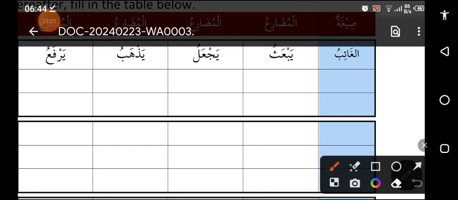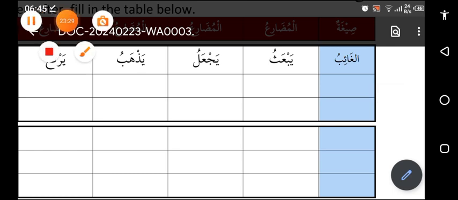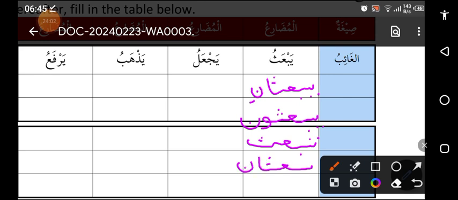So yab'athu, yab'athani, yab'athuna. Yab'athu, yab'athani, yab'athuna. Then we have tab'athu, then we have tab'athani, and then we have yab'athna.